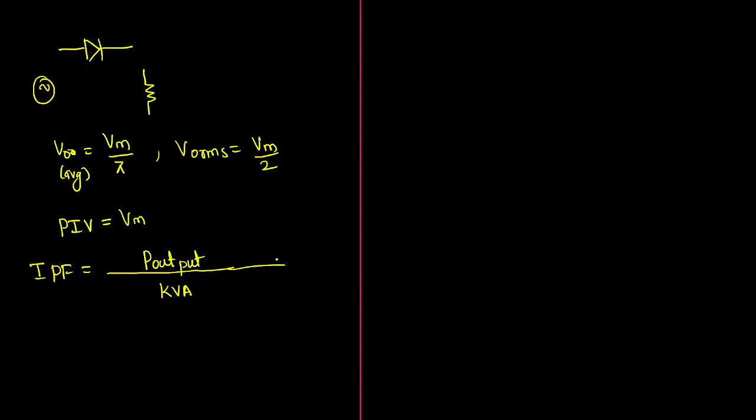So now it is time to explore these things. If you take the RL load, in the output power, what you must consider on both sides is the RMS voltage and RMS current. So how will you write? Output power we can write V naught RMS into I naught RMS.